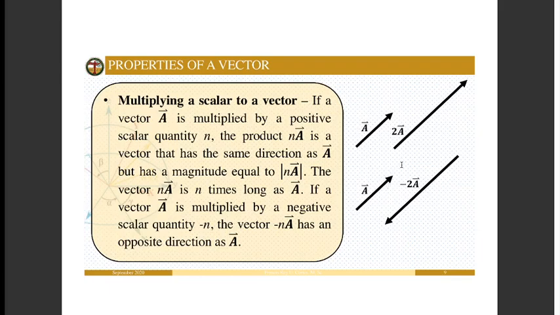Next, I will multiply this vector A by -2. The magnitude is twice as long as the original vector A, but yung direction niya kasi may negative is opposite to that original vector A. So ganun lang. That's how you multiply a scalar to a vector quantity.